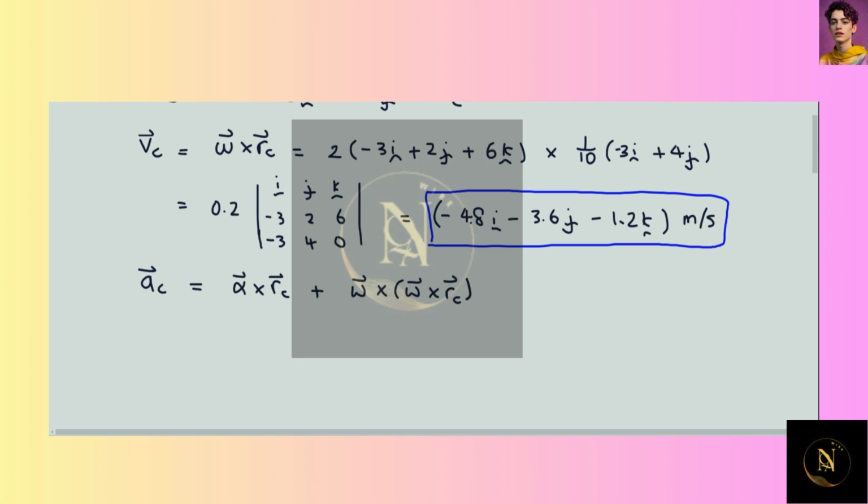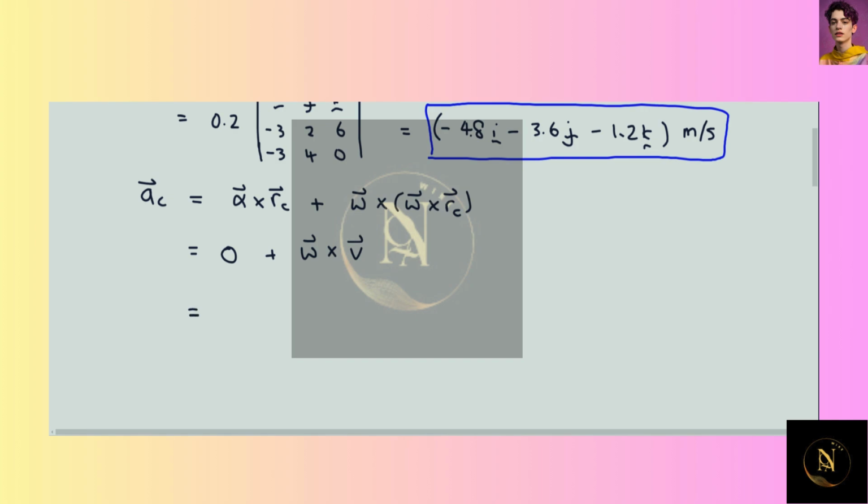We know that alpha is 0, so the first term is 0, and the second term is just omega cross V. Then just repeat the same idea. Omega is 2 times minus 3i plus 2j plus 6k, and our velocity vector is minus 4.8i minus 3.6j minus 1.2k.